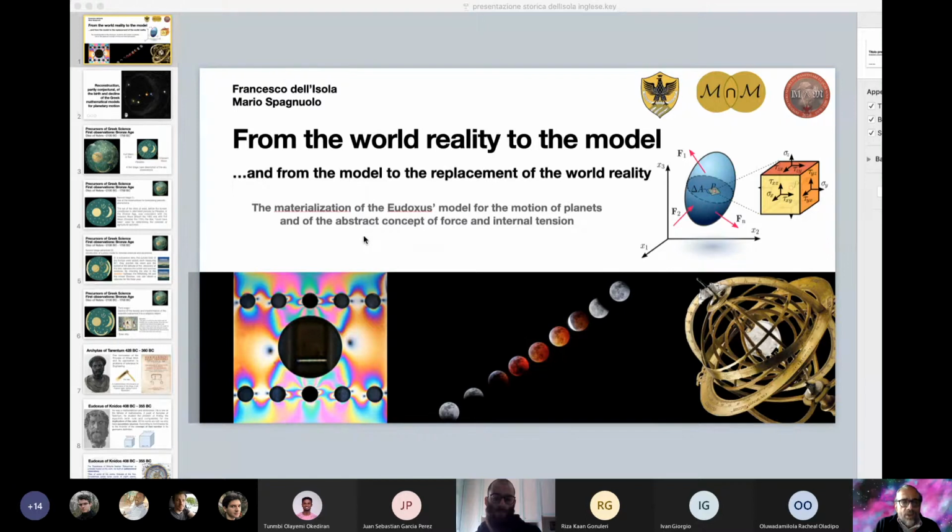This materialization phenomenon is also occurring now in modern physics, and some theoretical engineering scientists are inventing or conceiving or are confused by this materialization process, the materialization of the concept of force.